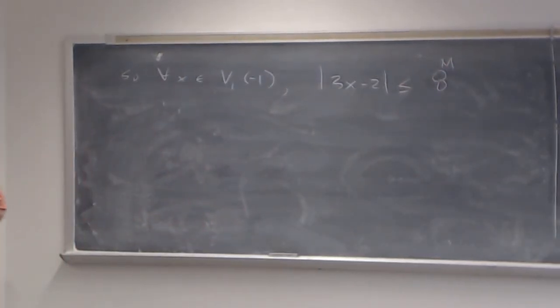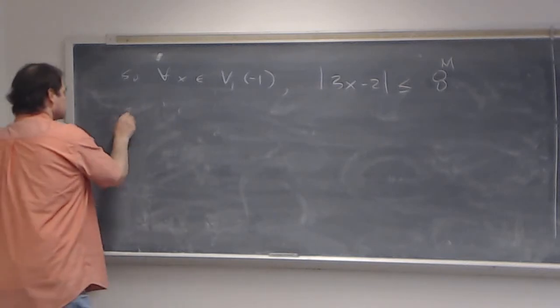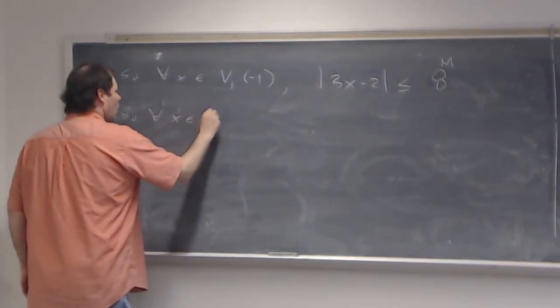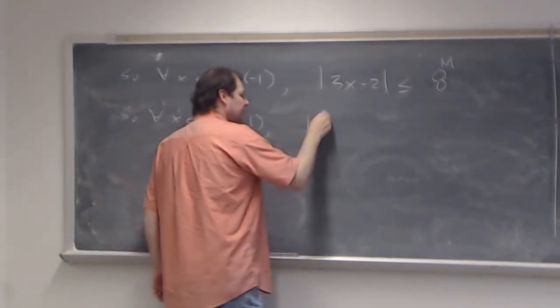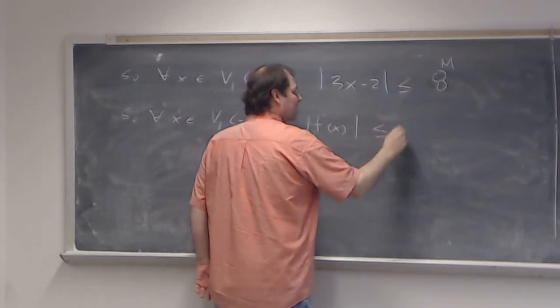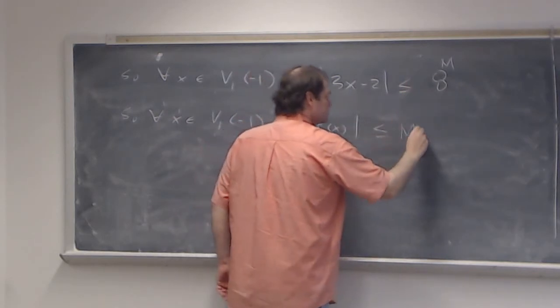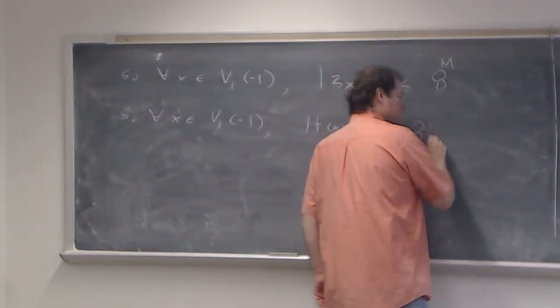So we produced a neighborhood of delta 1 about minus 1 such that for all x in this neighborhood, the absolute value of f of x is less than or equal to some positive number, and that's 8.